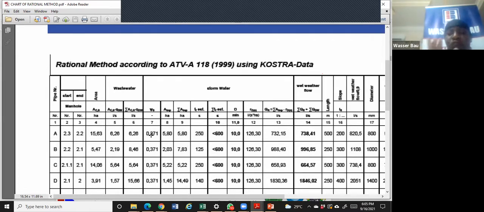They probably must have used 0.6 or 0.7, meaning that in your plot of land, your roof footprint must be less than 50%. The other area should be green, flowers, so that when this rain comes, 50% of it is expected to infiltrate. Then only 50% will generate surface runoff.